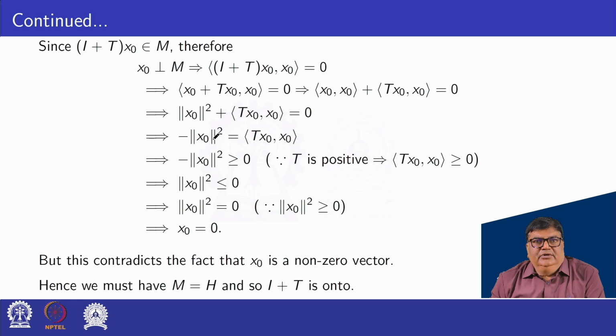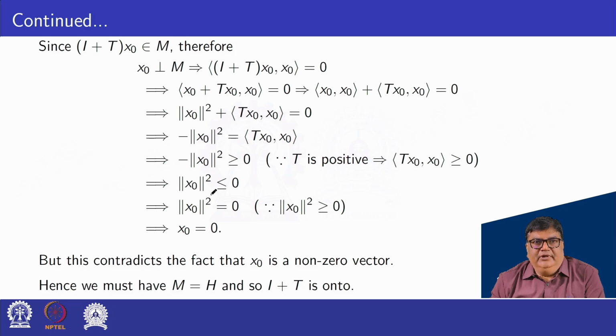So inner product of Tx0, x0 is greater or equal to 0 because T is a positive operator. So minus norm x0 squared is greater or equal to 0. So as per the property of inequality, norm x0 squared is less or equal to 0. Norm is always greater or equal to 0, so this must be 0.